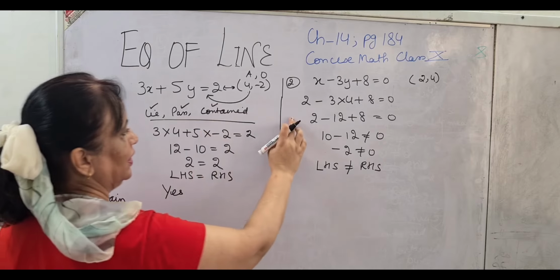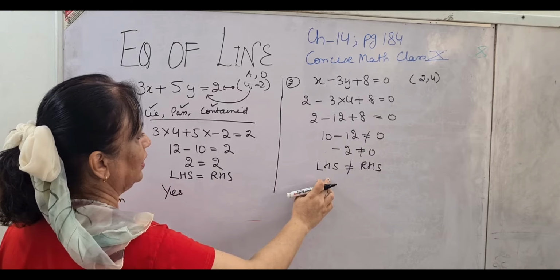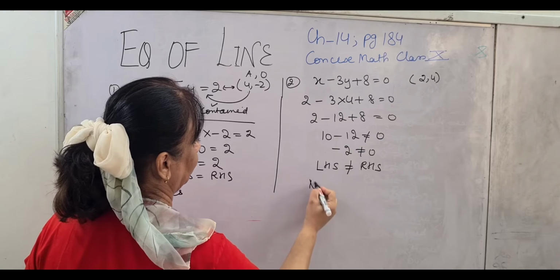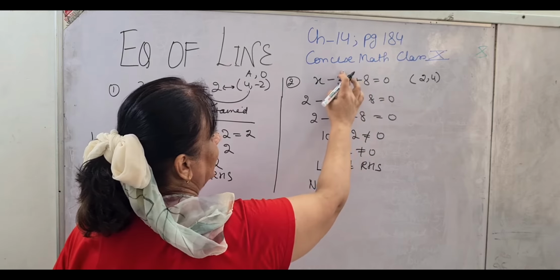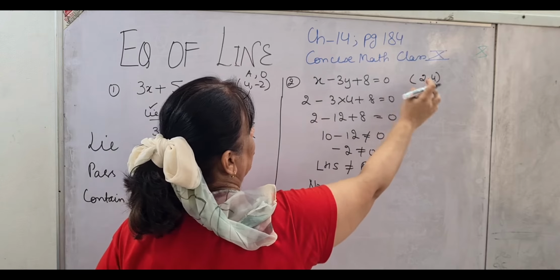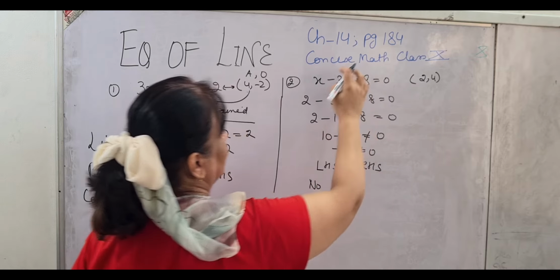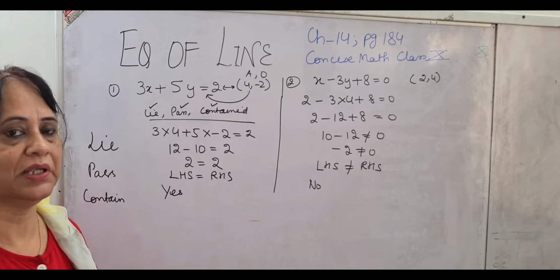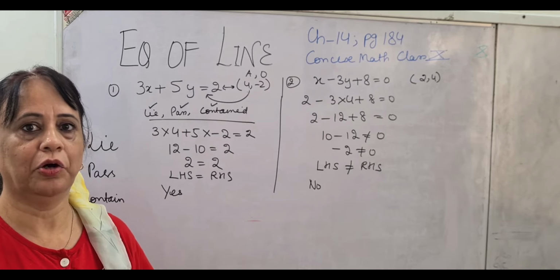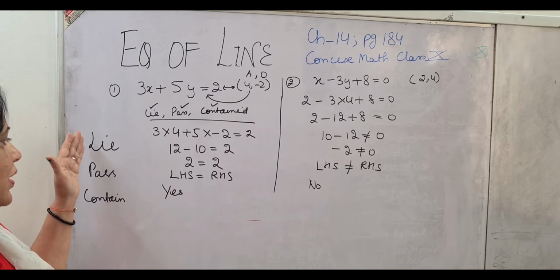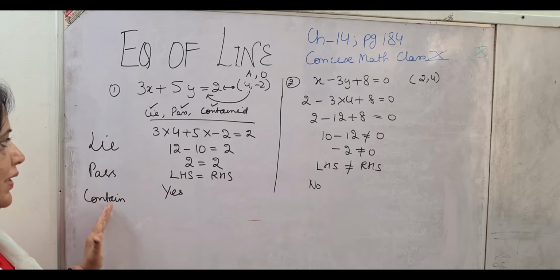But it is reverse here, because the left hand side is not equal to right hand side, so no, this point is not contained by the line, this line does not pass through this point, or this point does not lie on this line. All 3 words mean the same thing: lie, pass, contain. So I hope you understood the meaning of the words lie, pass, contain.